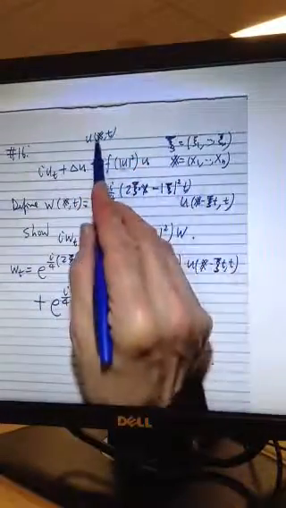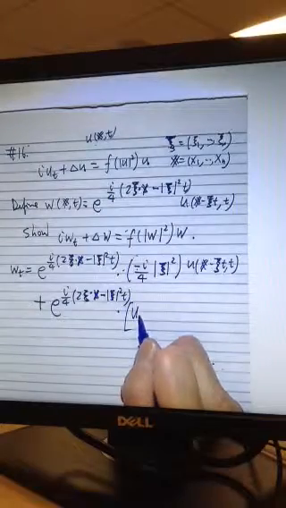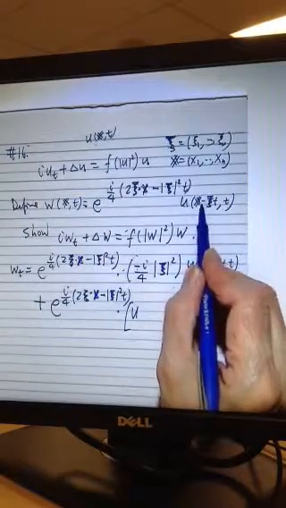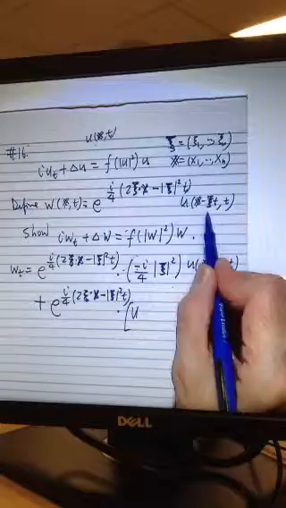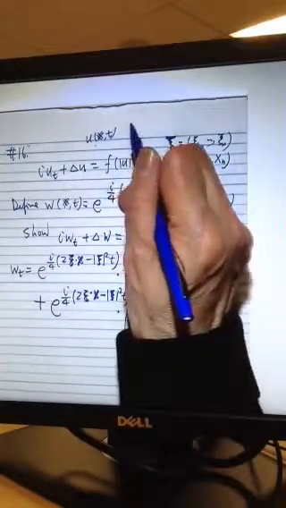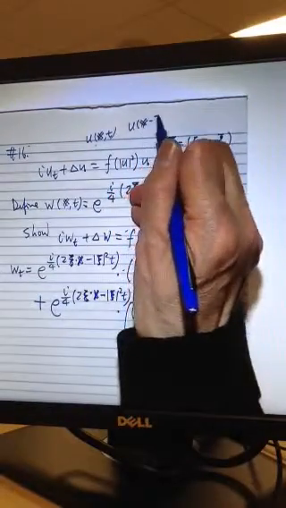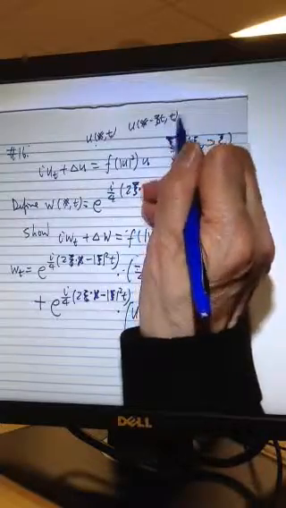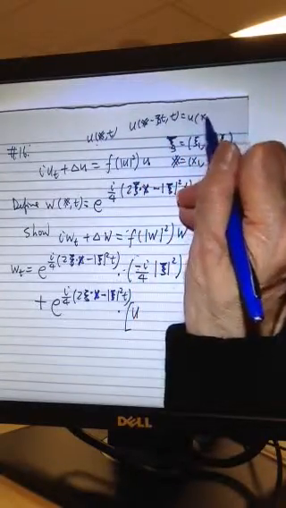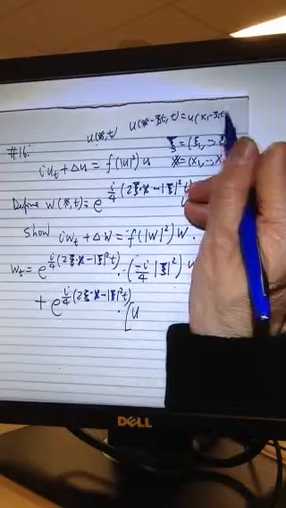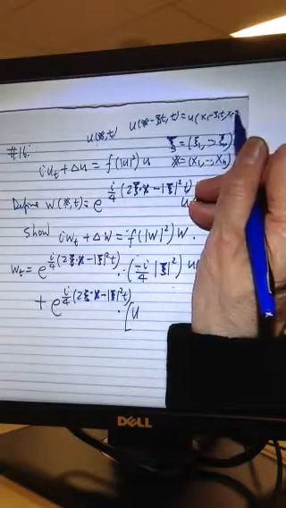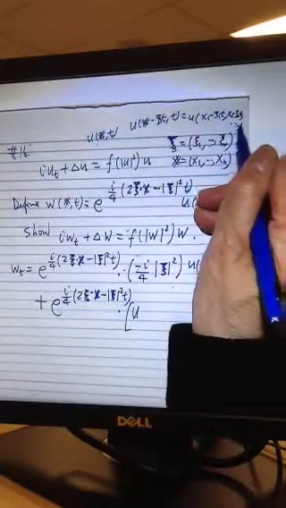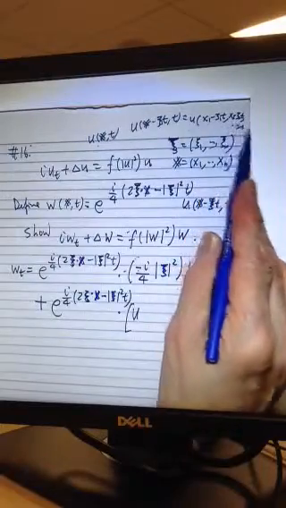So if I write it out, u(x - ct, t) is really u(x1 - c1 t, x2 - c2 t, and so on, and then t). So I have to use the chain rule on each one of these.